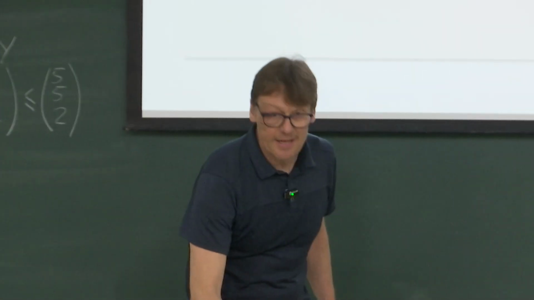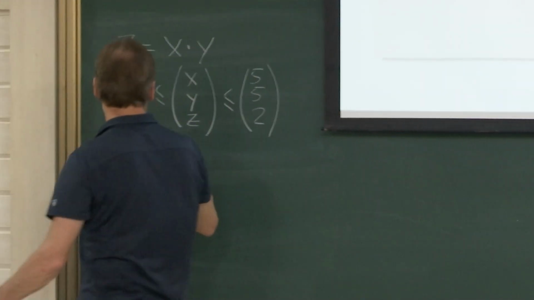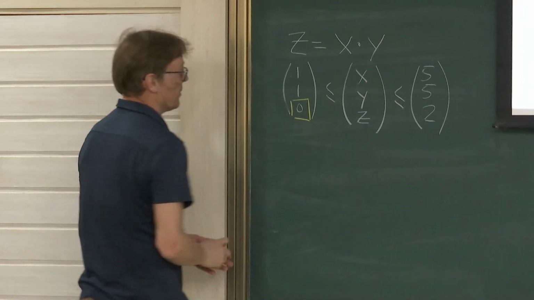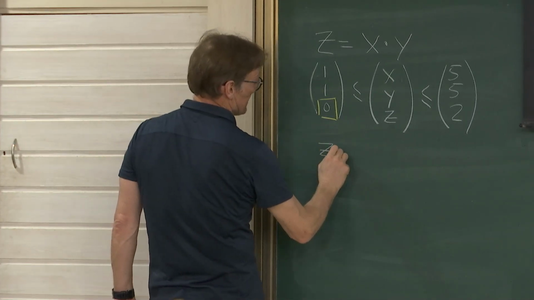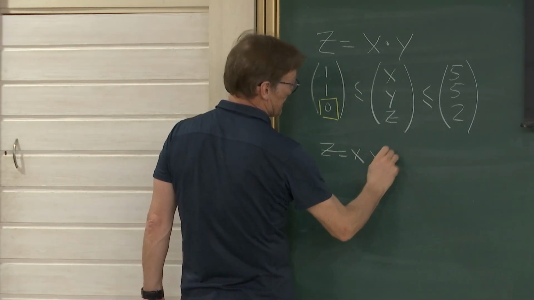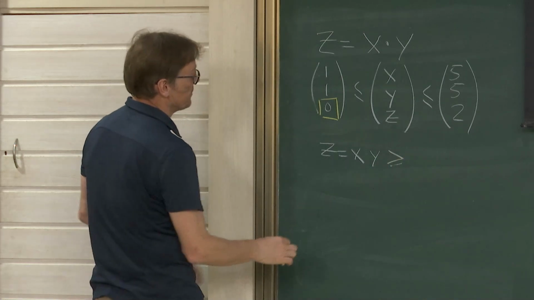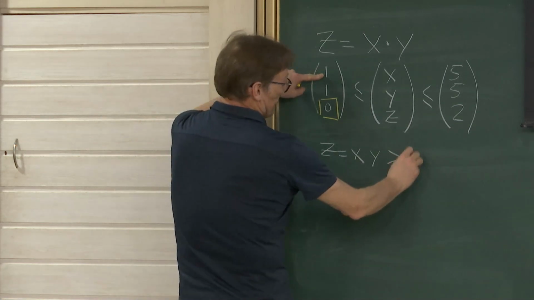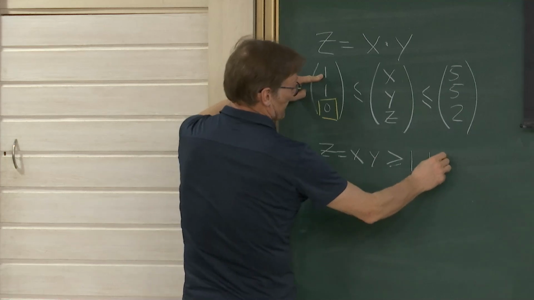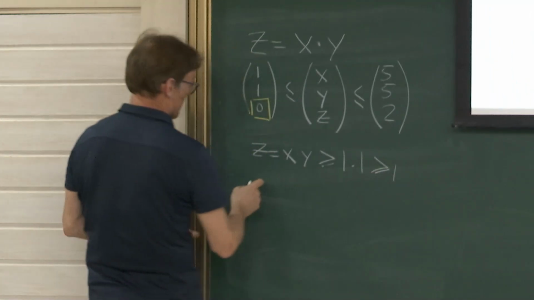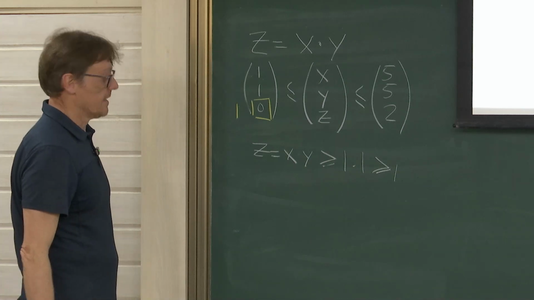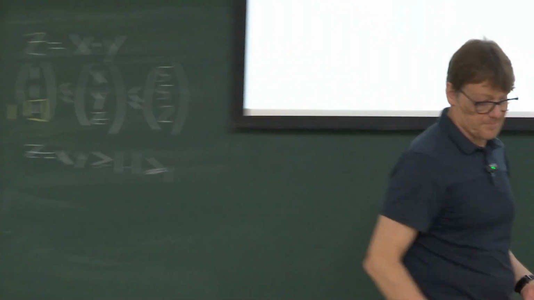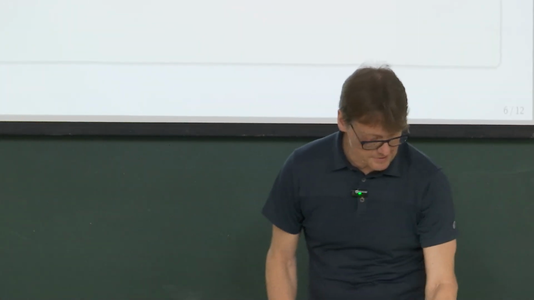Somebody, 1, excellent. Because z is equal to x times y, which is greater or equal to the lower bound on x times the lower bound on y, that is greater or equal to 1. So I can replace this and put a 1 here. What else can I do? I think there's one more I can do.